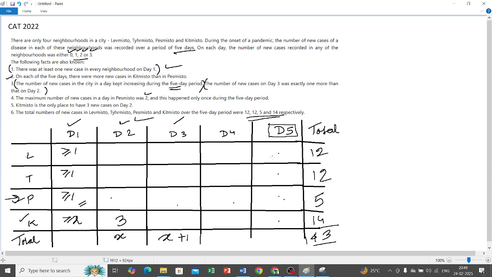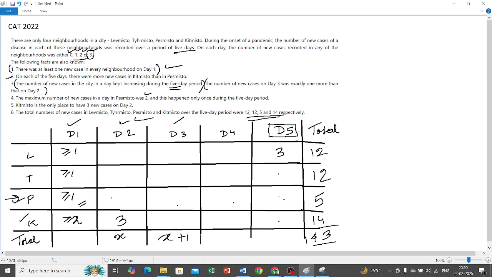I have to put down different values in these cells and see where it satisfies the condition. 3, 2? No, 3 is the maximum value I have. So in the D5 column, I can put 3 because I have to maximize.